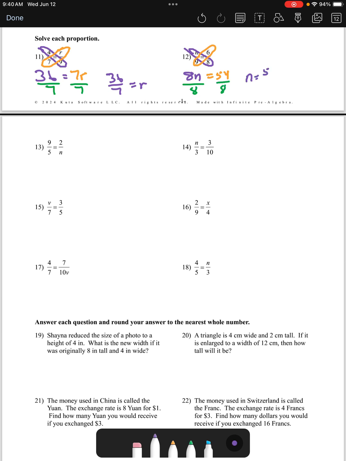So now that gets us n equals 54 divided by 8. We can simplify that. They're both even. They can both divide by 2. Half of 54 is 27. Half of 8 is 4.